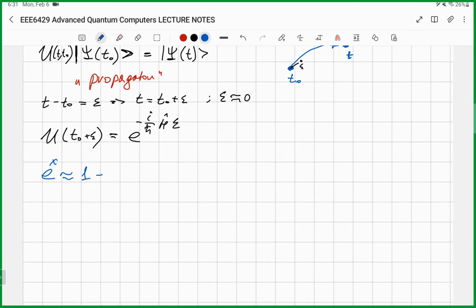The first one will be 1, then the second one is the argument itself, and then x squared over 2, and so on. We assume our epsilon is very small, so the first two terms are sufficient. So I can represent this operator in the following way. It will be 1 first, and then this argument, which is minus i over h bar, Hamiltonian, and epsilon.